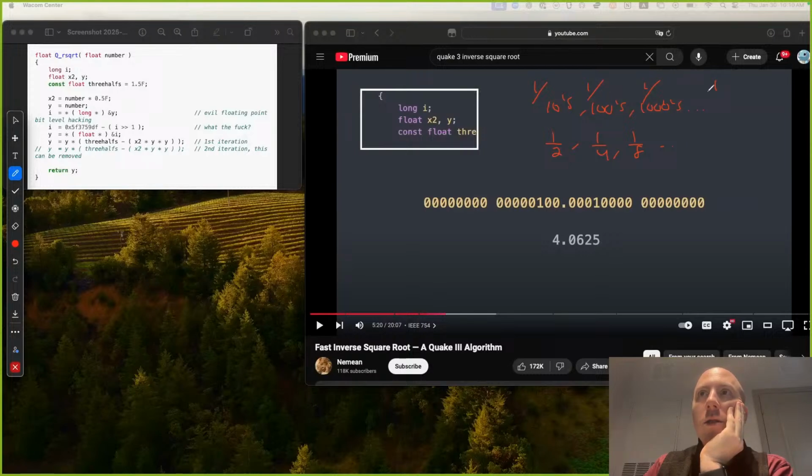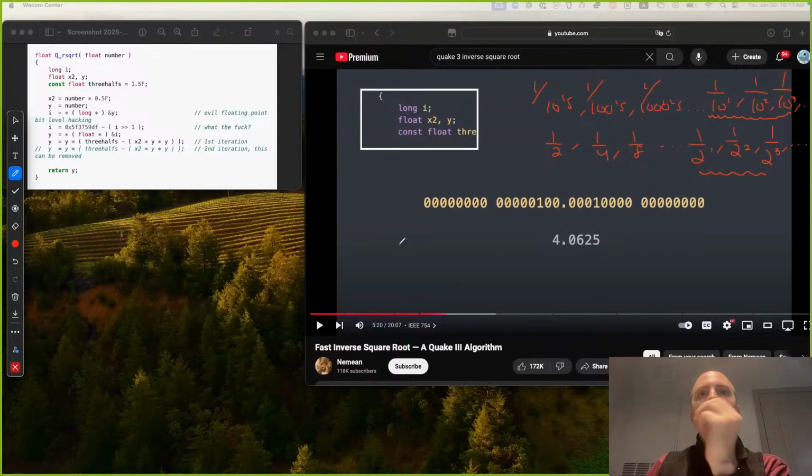So this is like 1 over 10 to the 1, 1 over 10 to the 2, 1 over 10 to the 3. This is like 1 over 2 to the 1, 1 over 2 to the 2, 1 over 2 to the 3. And the ultimate goal is to have it so that, with infinite precision, you can sum up to 1.